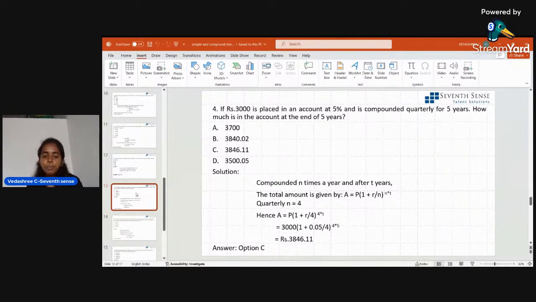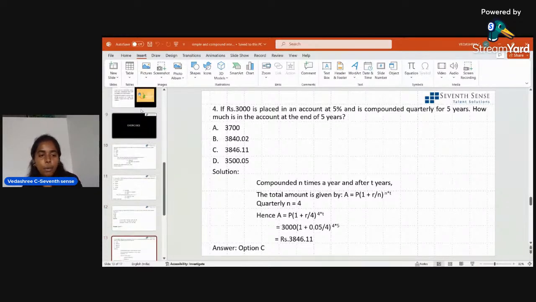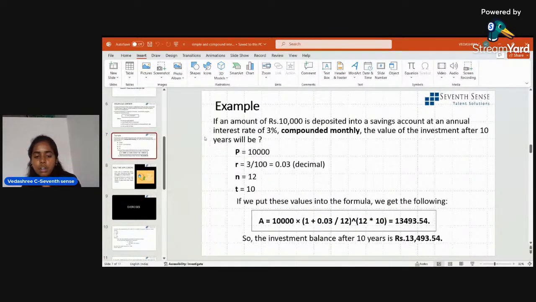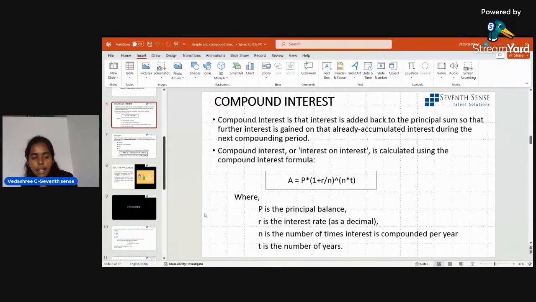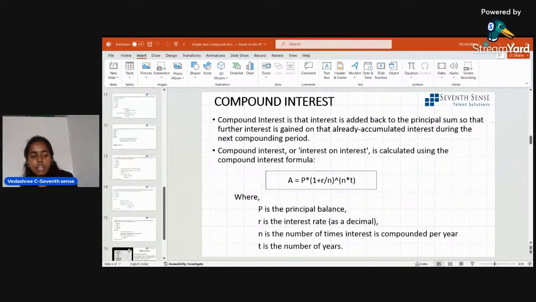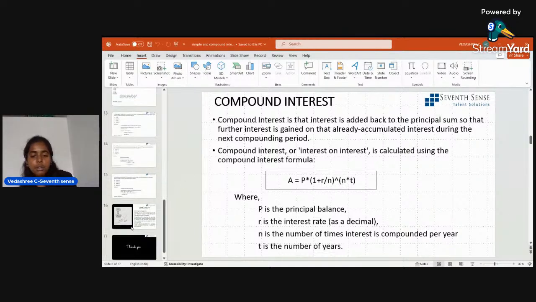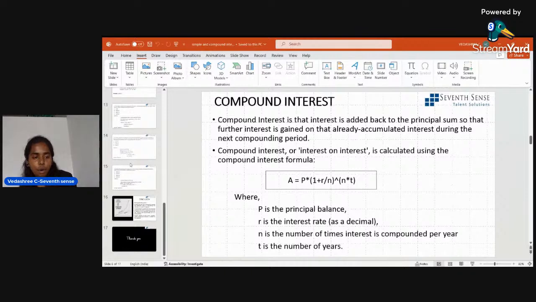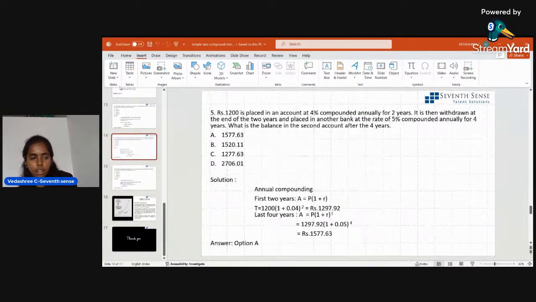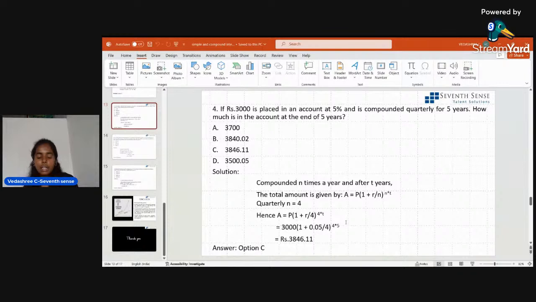A is equal to P into (1 plus R divided by N) to the power of N into T. So this is the formula.